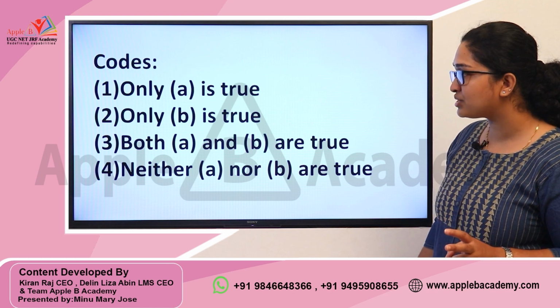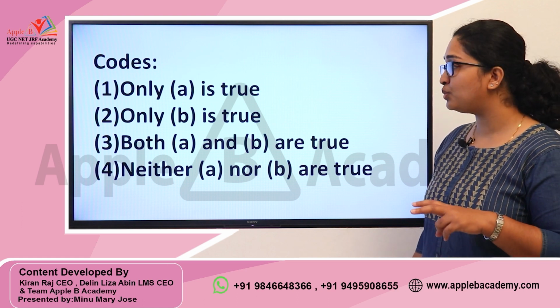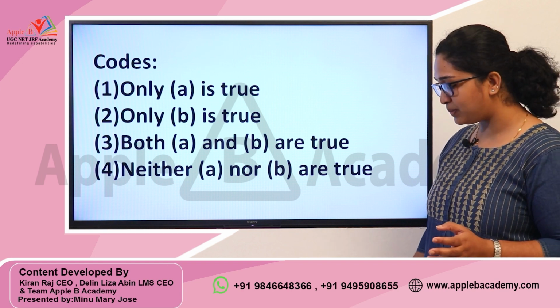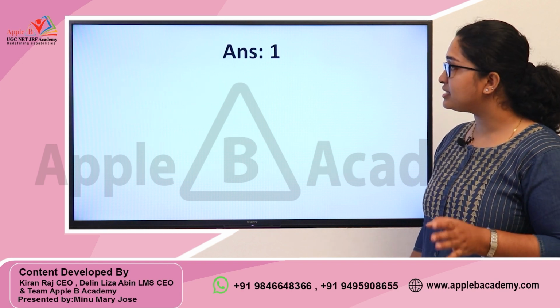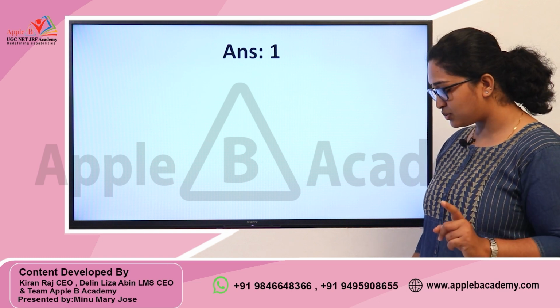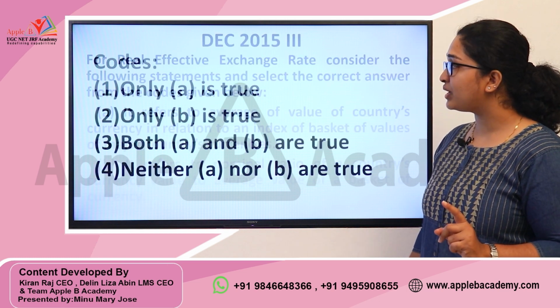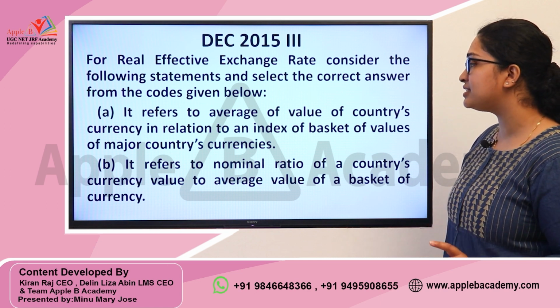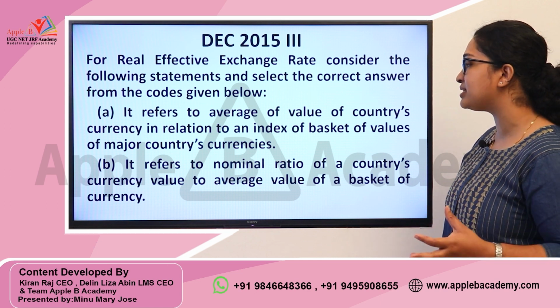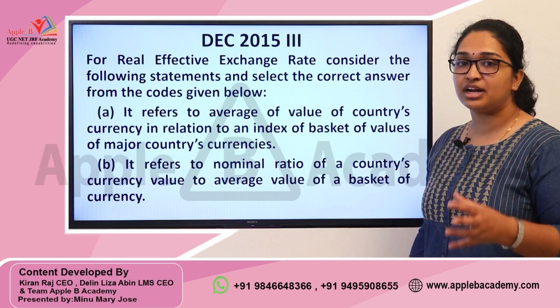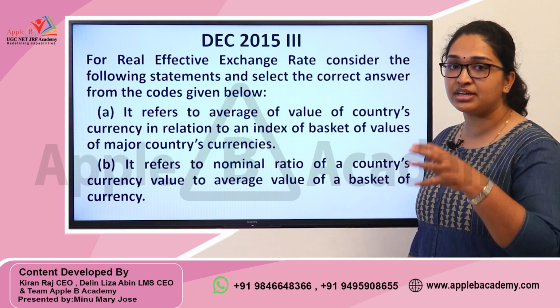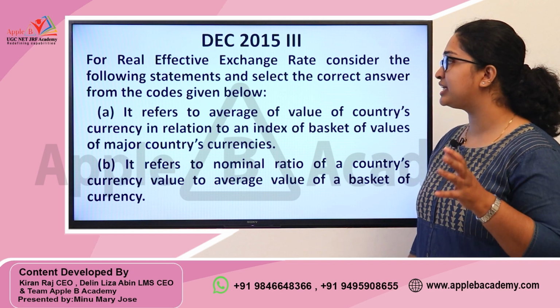We have 4 codes given here. Only A is true, only B is true, both A and B are true, neither A nor B is true. The answer is option 1, that is the first one. The first statement, that it refers to the average value of a country's currency in relation to an index of basket of values of major countries' currencies, correctly defines a real effective exchange rate.